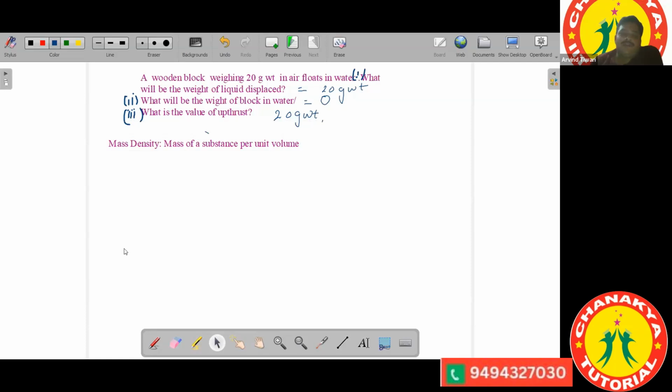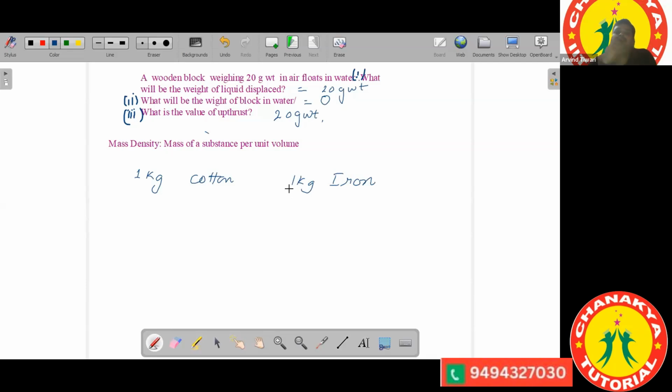That is, I am asking all of you, you have 1 kilogram of cotton, and you have 1 kilogram of iron. So which one will weigh higher? 1 kilogram of cotton and 1 kilogram of iron.